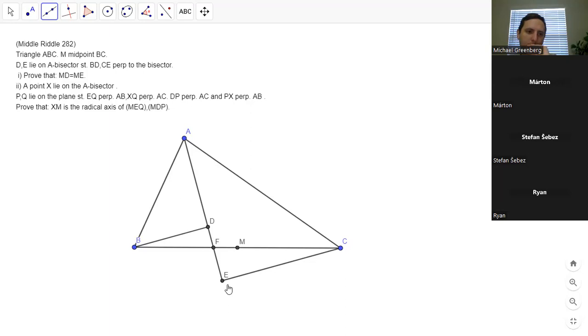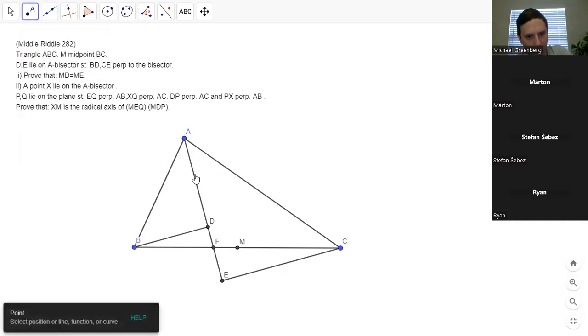There you use that BD and CE are perpendicular to the A bisector. In fact, really for any two parallel lines through B and C, M is going to have the same distance to both. So from there, it's not hard to see. Yeah, MD equals ME.